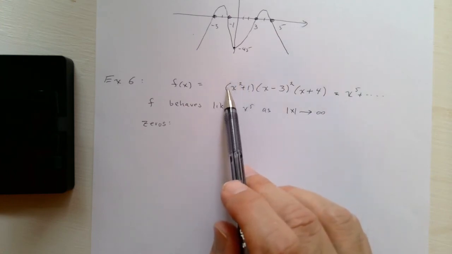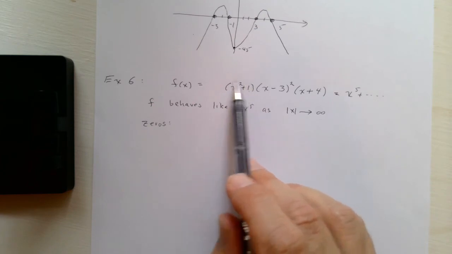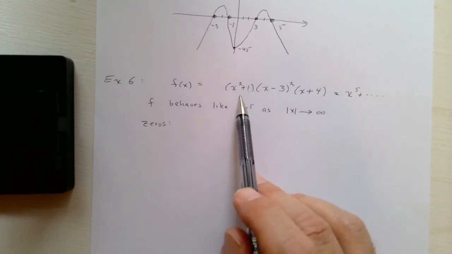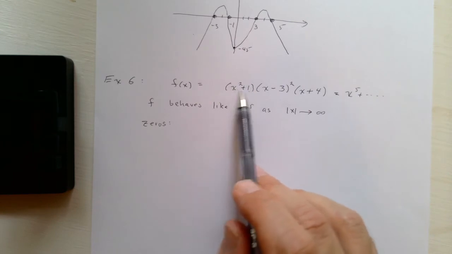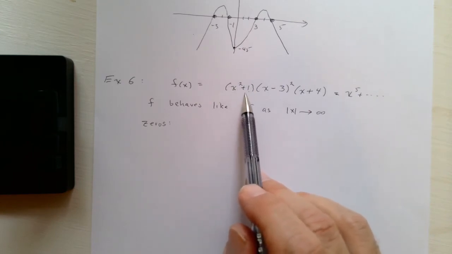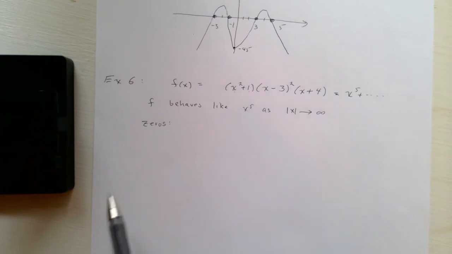In fact, if x is a real number, x squared plus 1 is always going to be positive. This factor can never be 0. So there are no hidden factors in here. You want to think of this factor as just fat. It's not really contributing anything to the polynomial except it raises the degree.